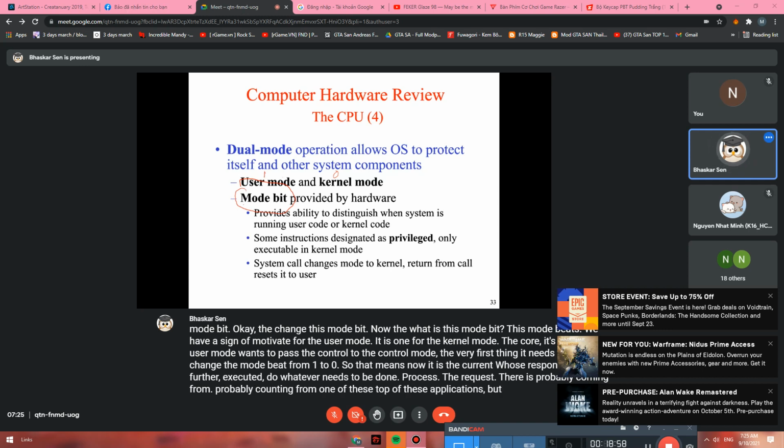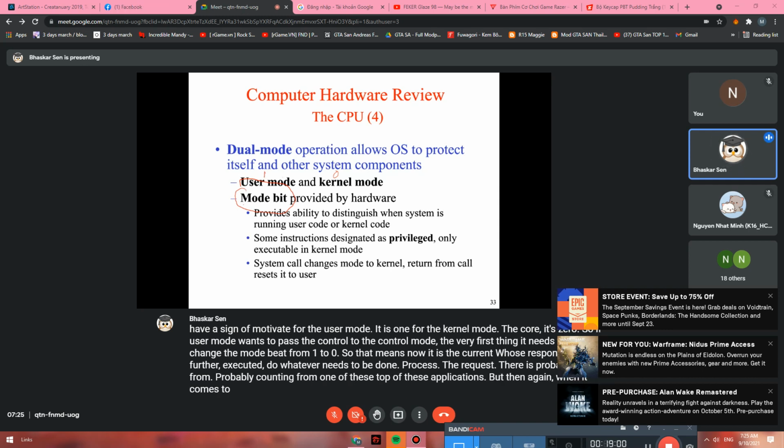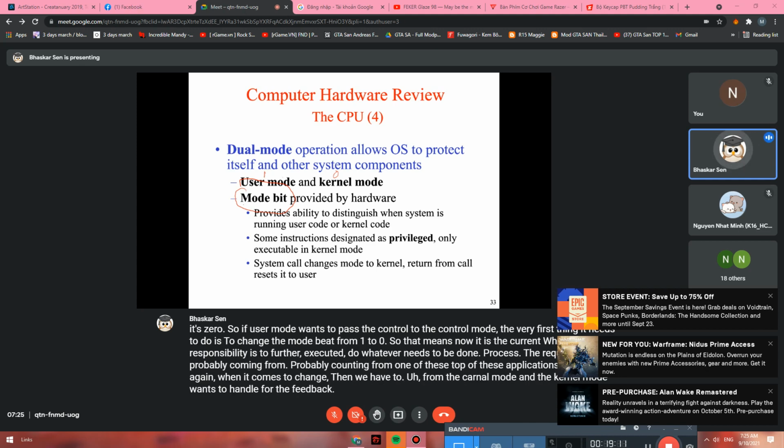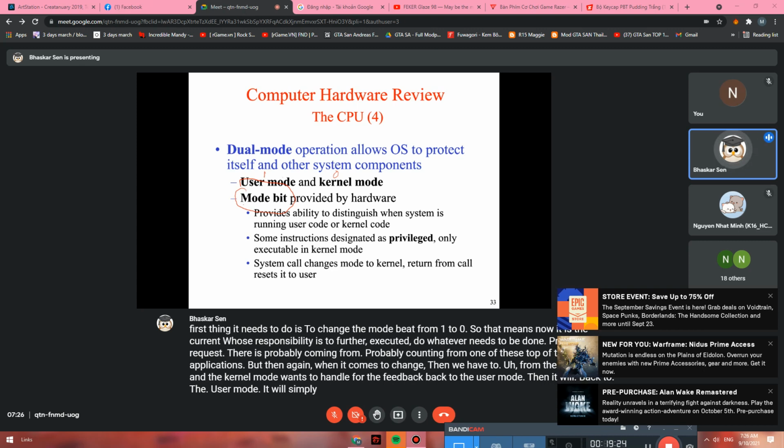But then when the kernel mode wants to hand the feedback back to the user mode, it will simply switch the bit back to 1.